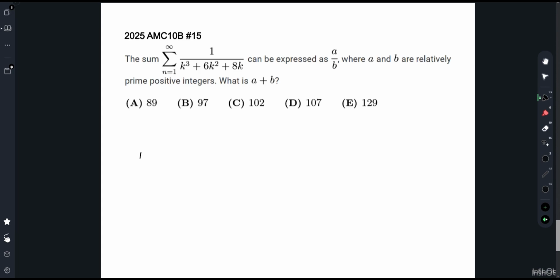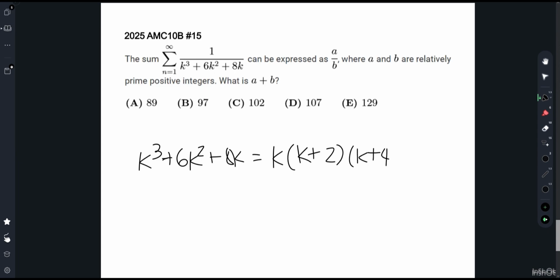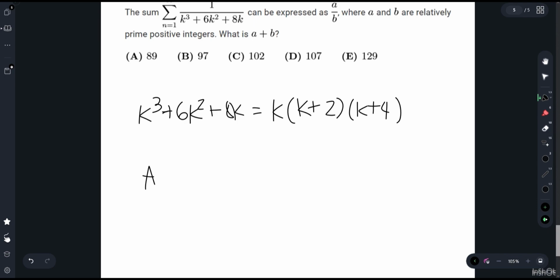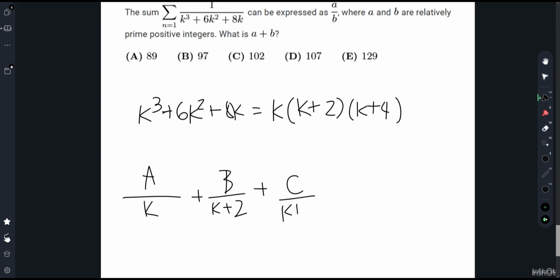So we notice that k cubed plus 6k squared plus 8k is equal to k times k plus 2 times k plus 4. Now I want to do something called partial fraction decomposition. This means that we want to express this in the form a over k plus b over k plus 2 plus c over k plus 4.